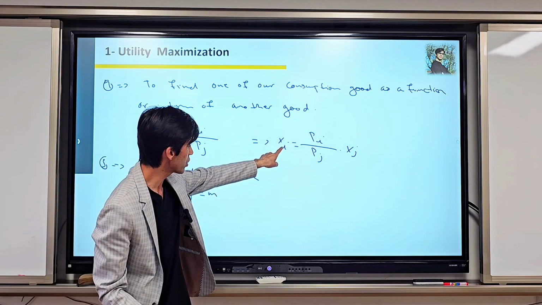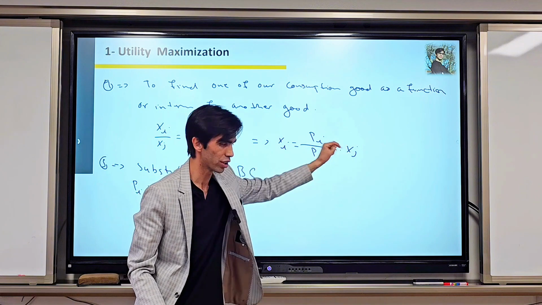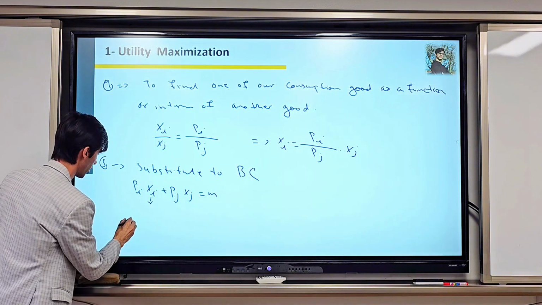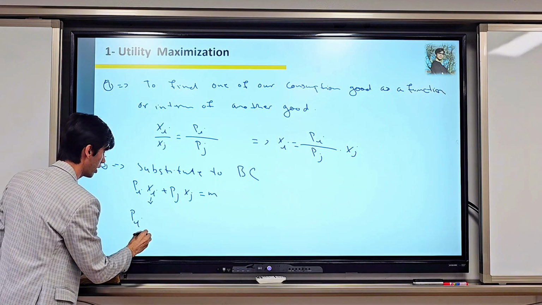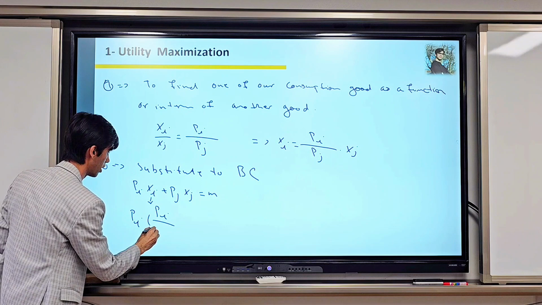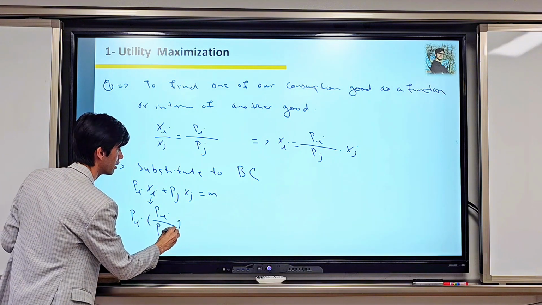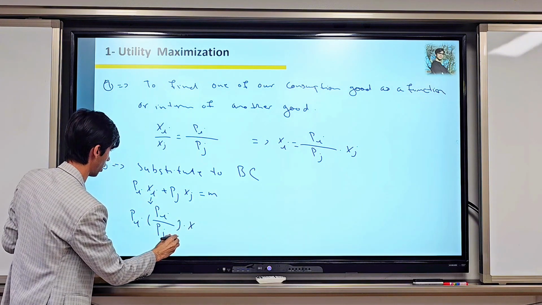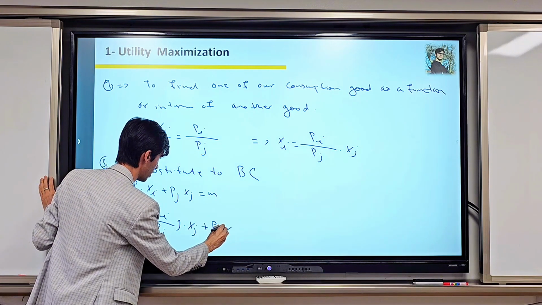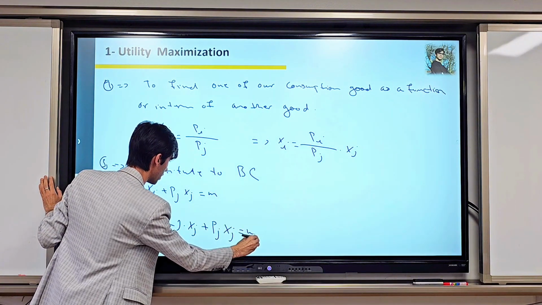And now our xi is equal to pi divided by pj multiplied by xj. So instead of xi, we can write pi multiplied by pi over pj multiplied by xj, plus pj xj, is equal to m.